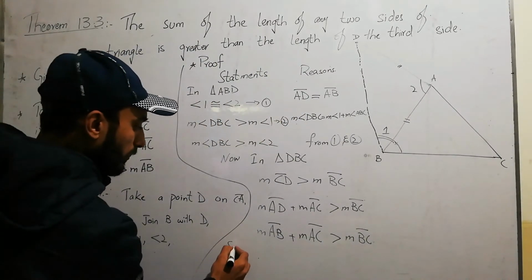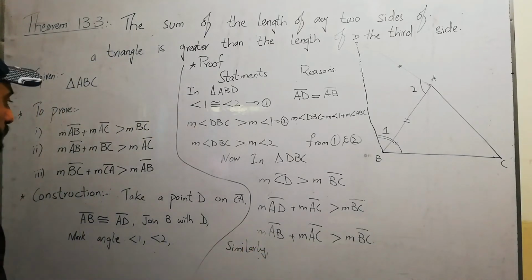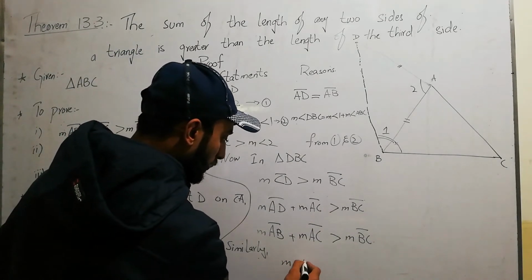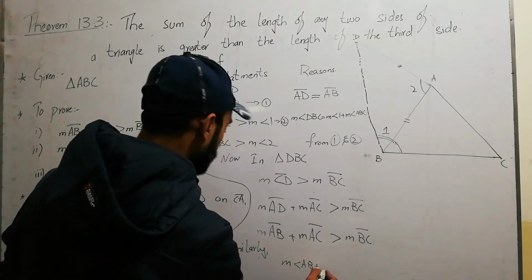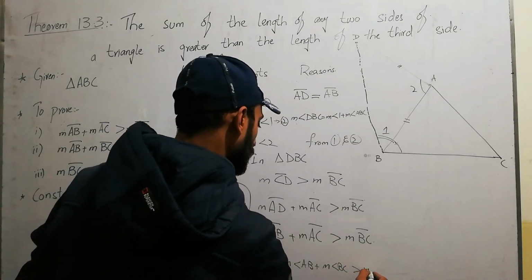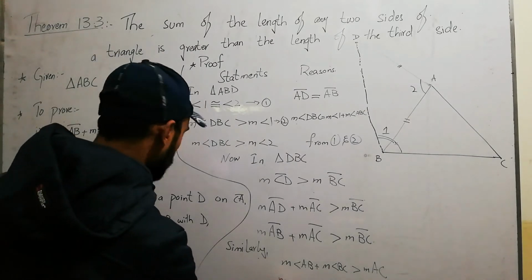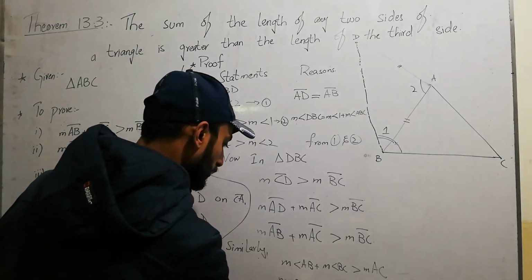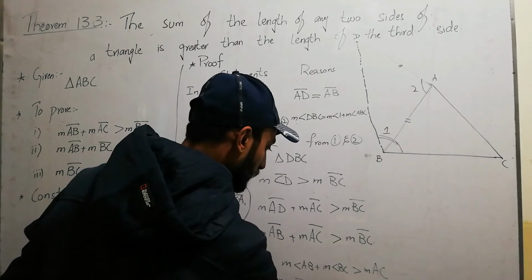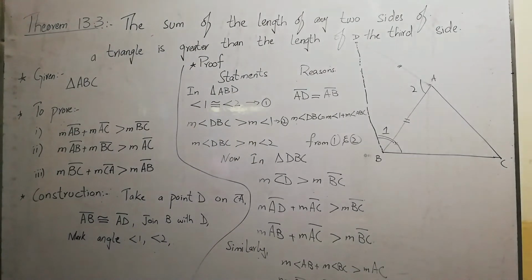Similarly we can say that measurement of AB plus BC is also greater than measurement of AC, and in other words we can say that measurement of BC plus CA is also greater than measurement of AB. This is what we have to prove in theorem 13.3.